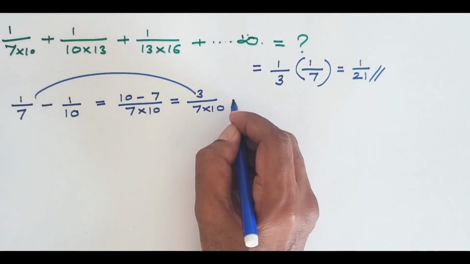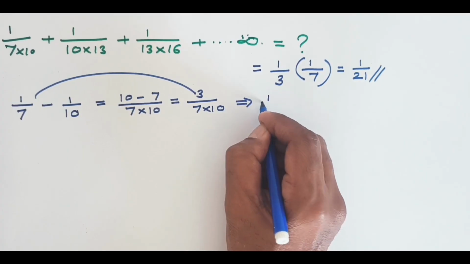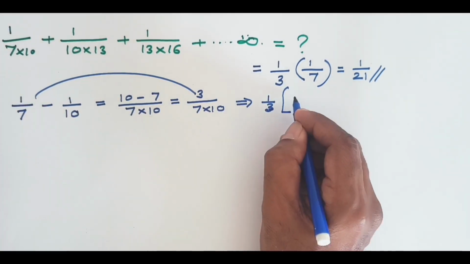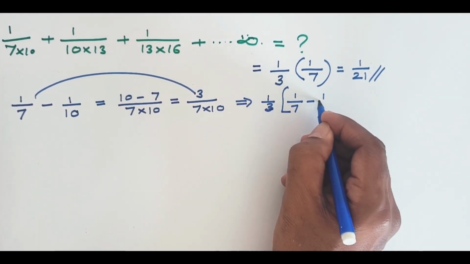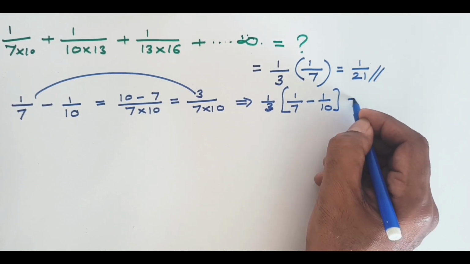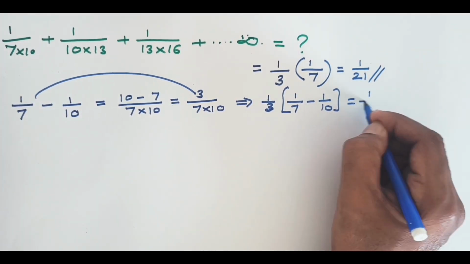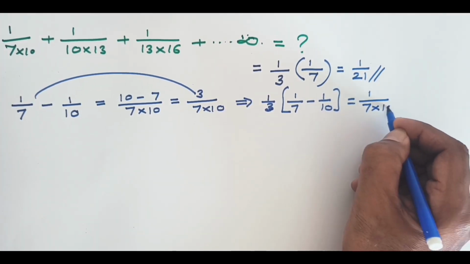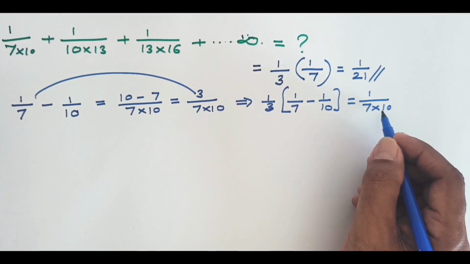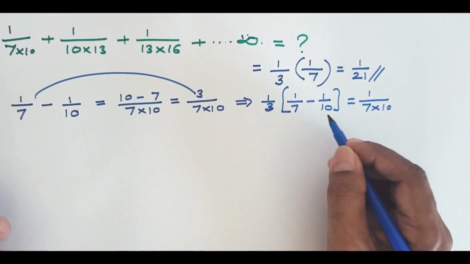Take 3 to the left side. You will have 1 over 3. On the left you have 1 over 7 minus 1 over 10. And on the right, 1 over 7 multiplied by 10. This is the first term in the given series, and that's equal to this.